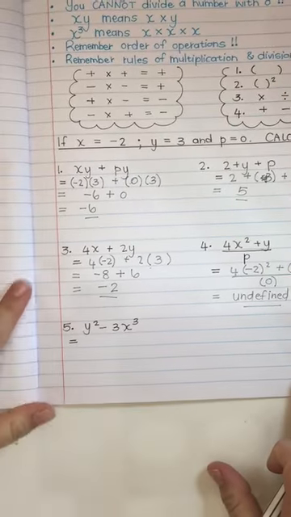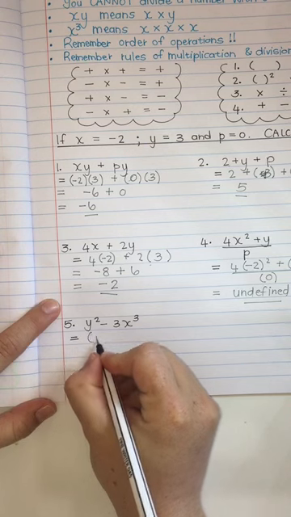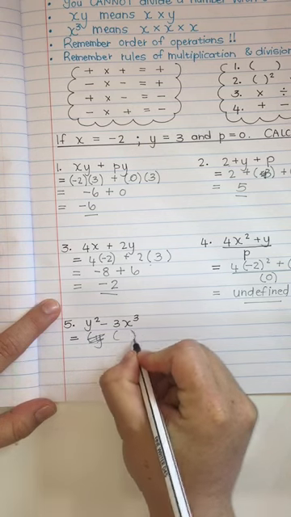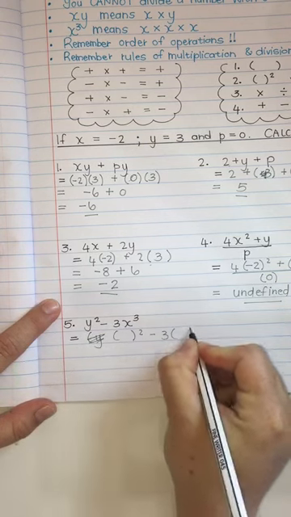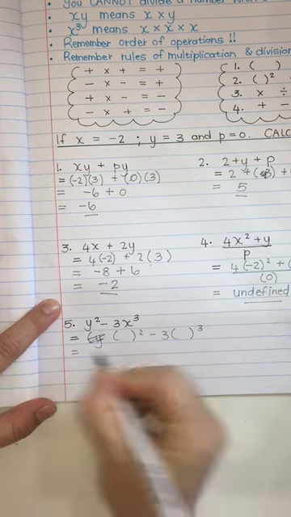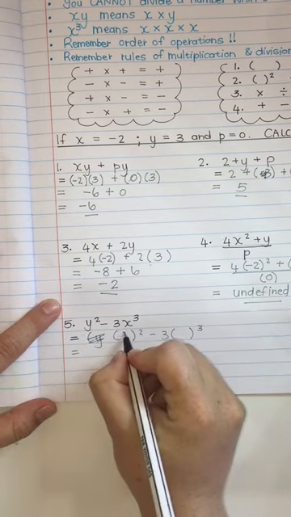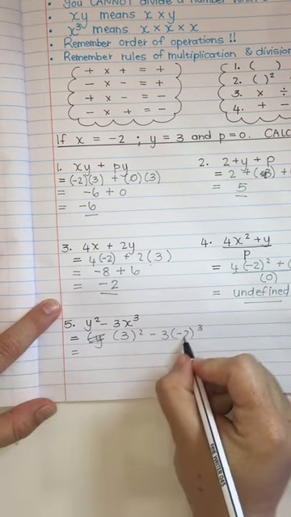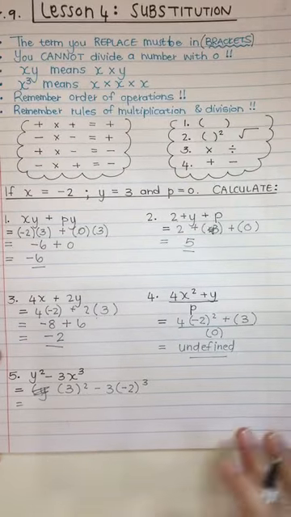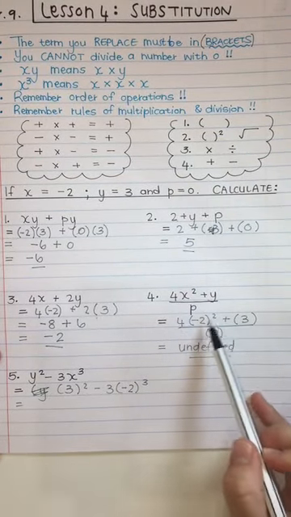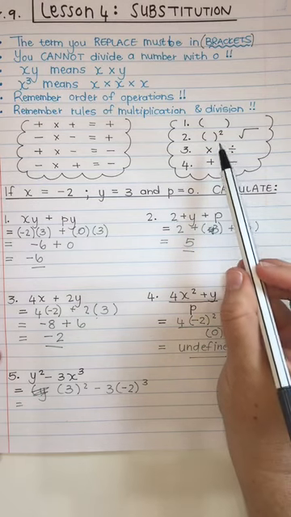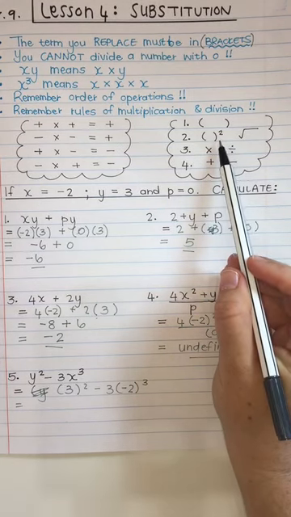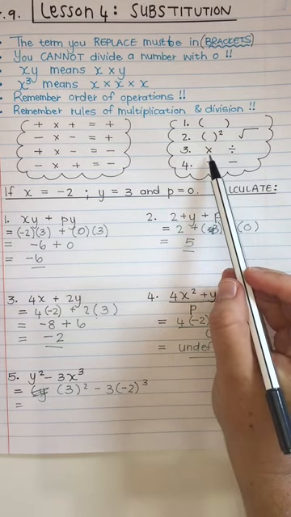The last one. Oh my word, I'm doing it again. So y is 3, x is minus 2. Just like I said now, in this example you first do exponents, guys. First do exponents, and then you do multiplication.